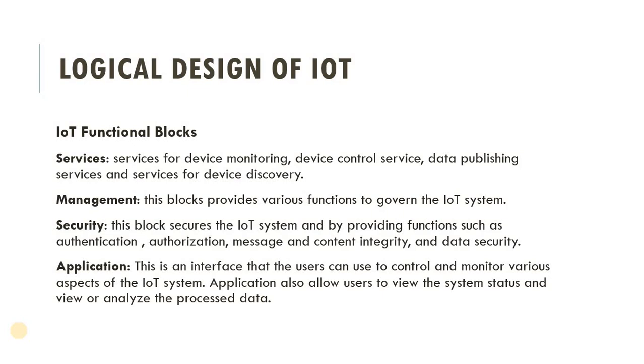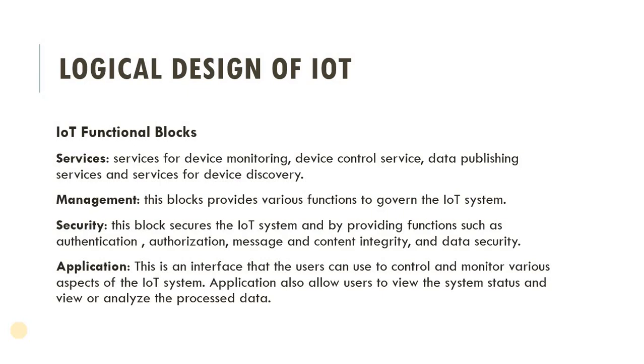Next is the application. This is an interface that the user can use to control and monitor various aspects of the IoT system. The application also allows the user to view the system status and to view or analyze the processed data. It is the user-facing part, and we have to provide a user interface to the user.